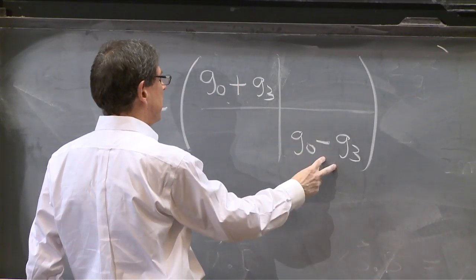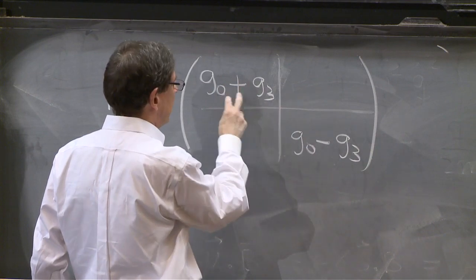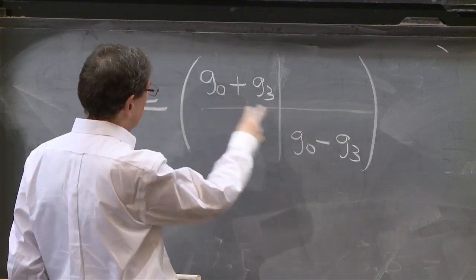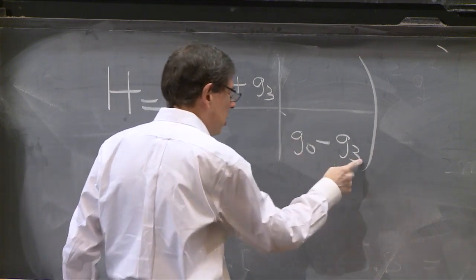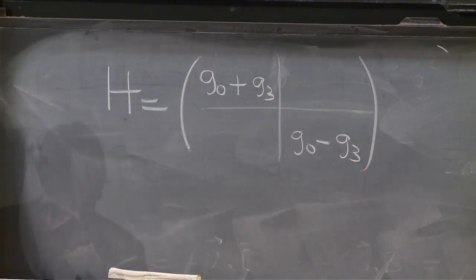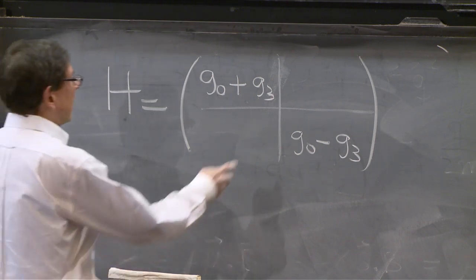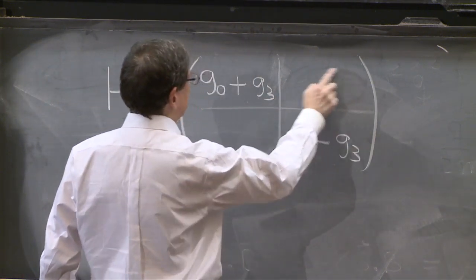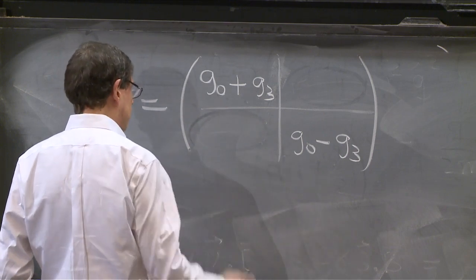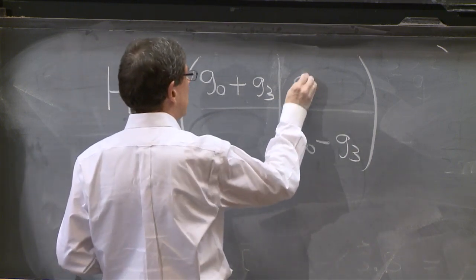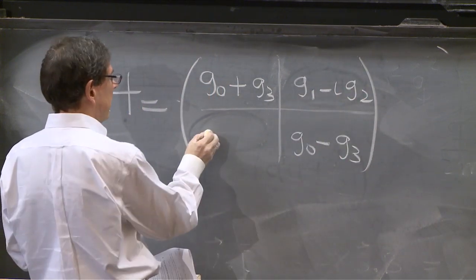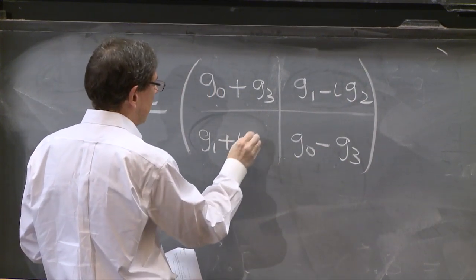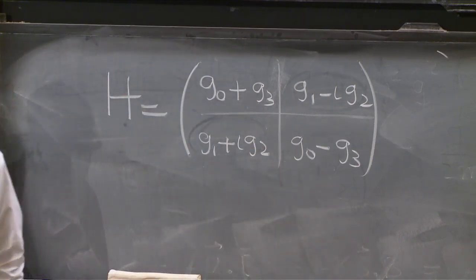So there are two numbers here that are arbitrary, real, and therefore you can put them wherever you want. I decided to call one G0 plus G3 and one G0 minus G3. Here, I can put, again, an arbitrary complex number as long as I put here the complex conjugate. So I will call this G1 minus iG2, and this G1 plus iG2. And that's the most general 2x2 Hamiltonian.